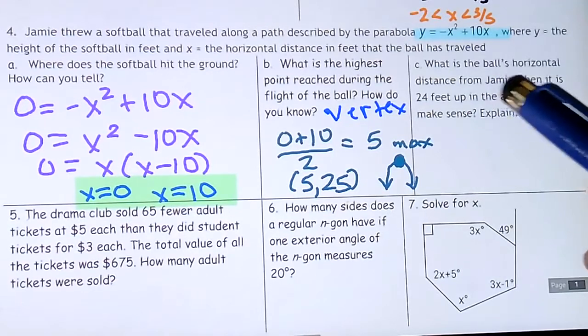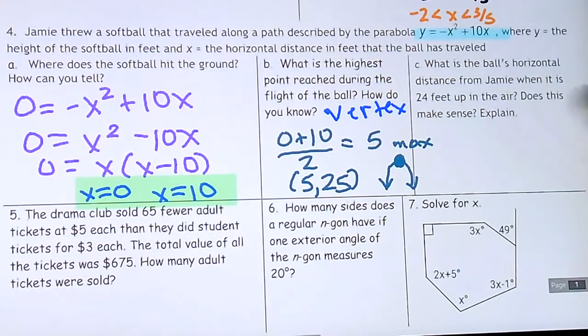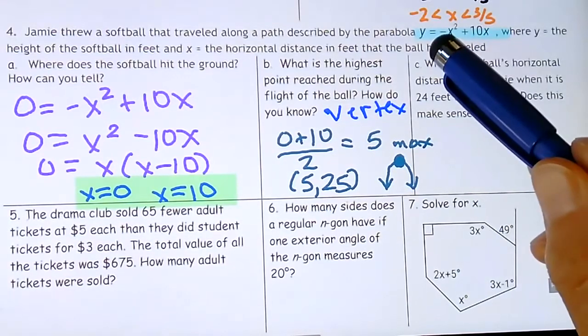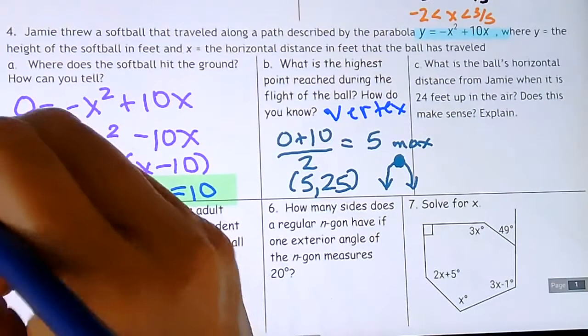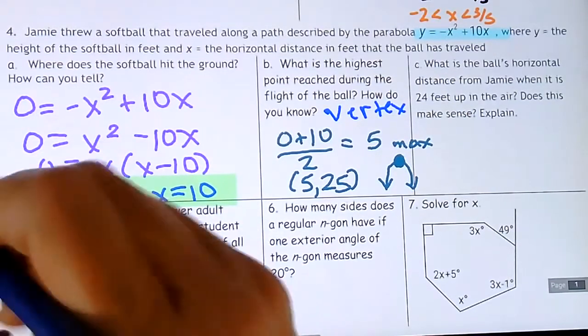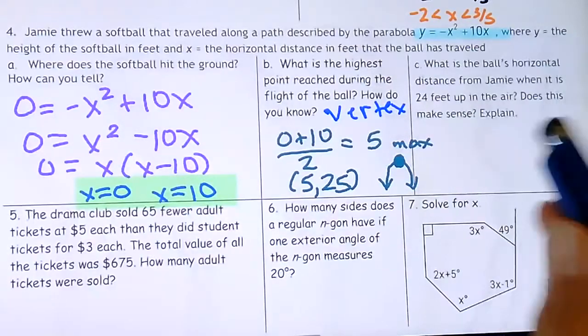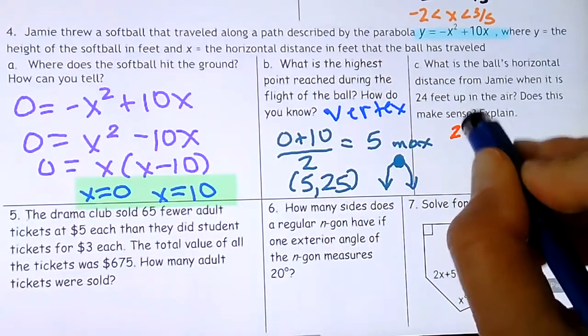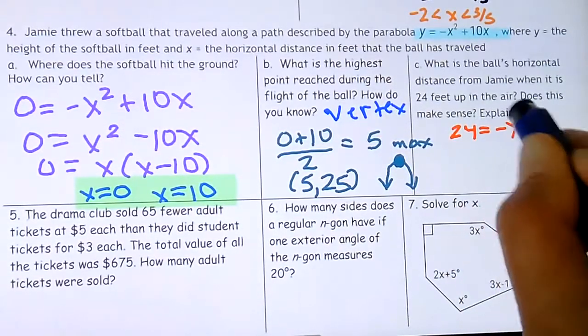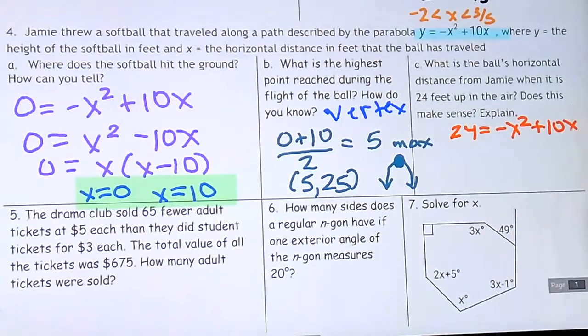What is the ball's horizontal distance from Jamie when it is 24 feet up in the air? Okay, so when it's 24 feet up in the air, I'm going to put 24 in for y. So I'm going to have 24 is equal to negative x squared plus 10x. Okay, I'm going to zoom in a little bit.